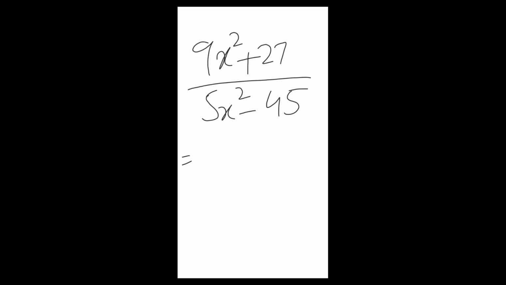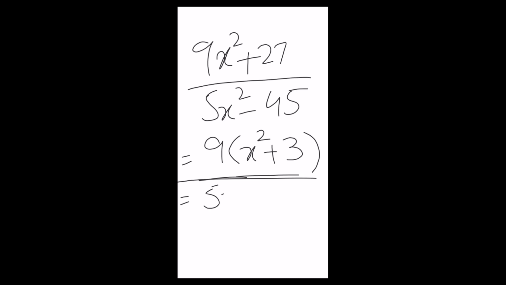Okay, so if I take out 9, in the bracket what should I write? x squared plus 27. Or should I write 3, because 9 times 3 is 27? Yes, 3. So now it's 9 times x squared plus 3.